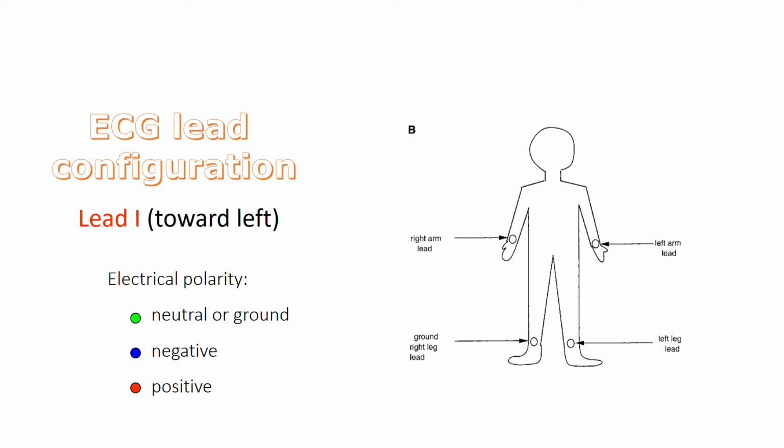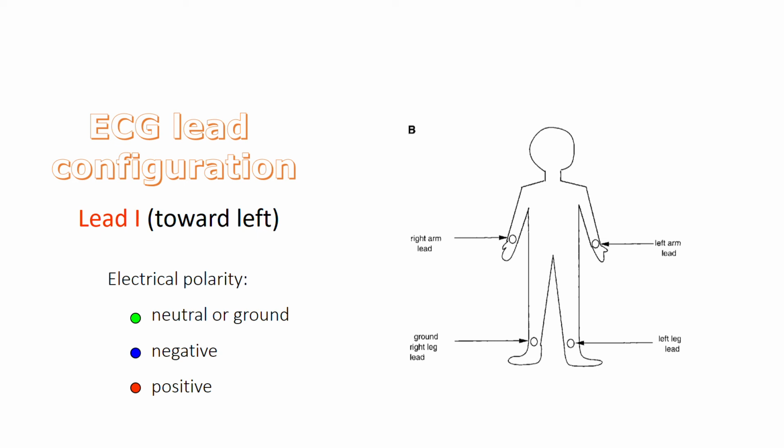The variations in voltage are measured at the surface of the body using surface electrodes. An ECG has 12 leads, but we're going to analyze them in little steps. A varied combination of limb leads and chest leads taken together provides a three-dimensional view into the electrical activity and workings of the heart.